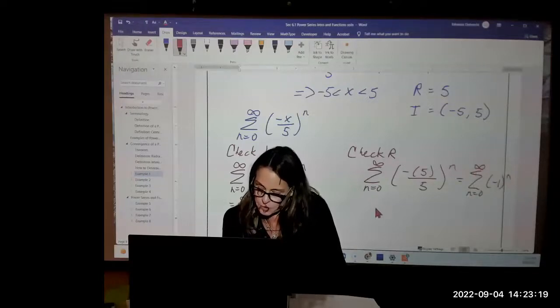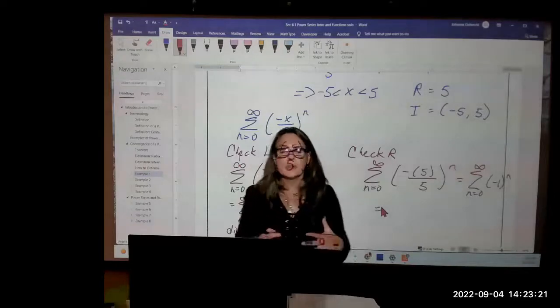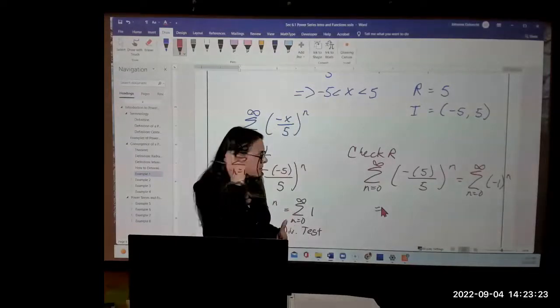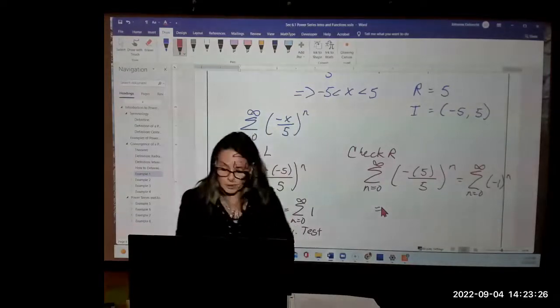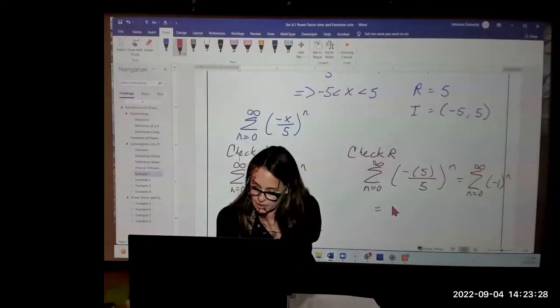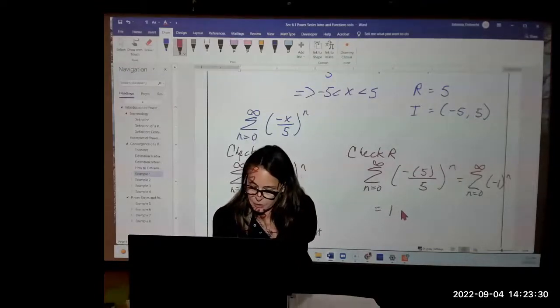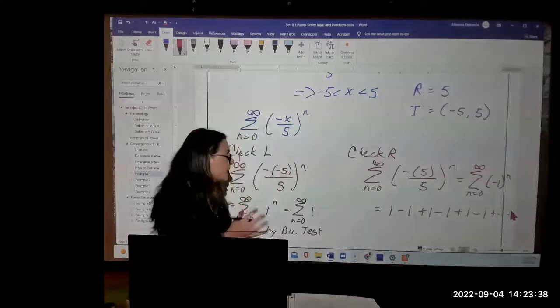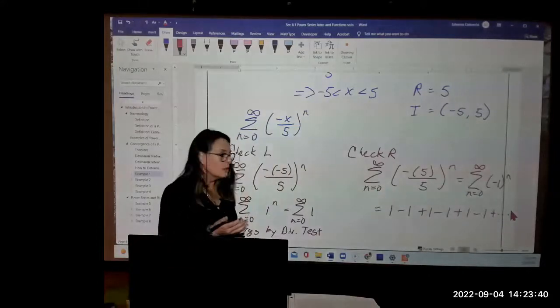Now for this one, you might actually want to write out some of the terms so you can see what the pattern is. When n is 0, you would get a positive 1. And when n is 1, you would get a -1, then a positive 1, then a -1, then a positive 1, then a -1, and so on. So it's alternating between 1 and -1.